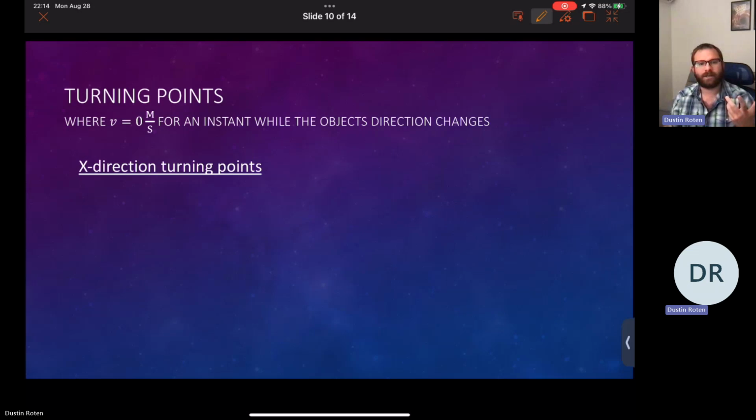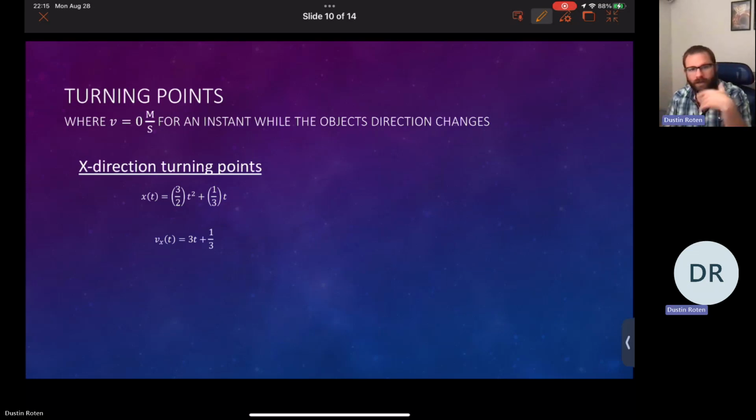So let's think about x direction turning points. Here's what our particle is doing in the x direction over time. So you can imagine this is where our points on the x axis, they're getting stretched out because it's accelerating in the x direction. So for each second, that position is parabolically further away.